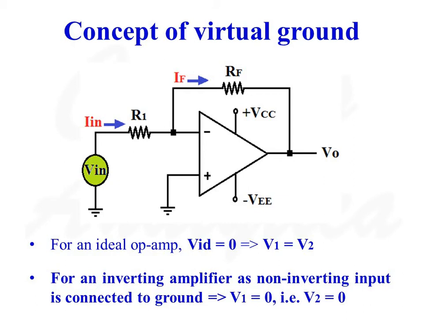So V1 equal to 0 means V2 is also equal to 0. Potential at the inverting input of the inverting amplifier is equal to 0, and this condition is called virtual ground. So the potential at the inverting input is equal to 0 even though it is not connected to ground. This concept is called virtual ground.